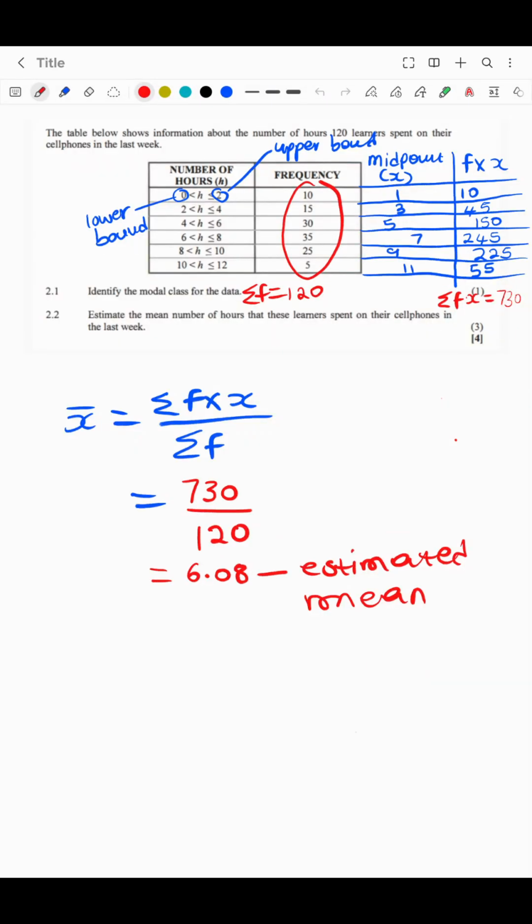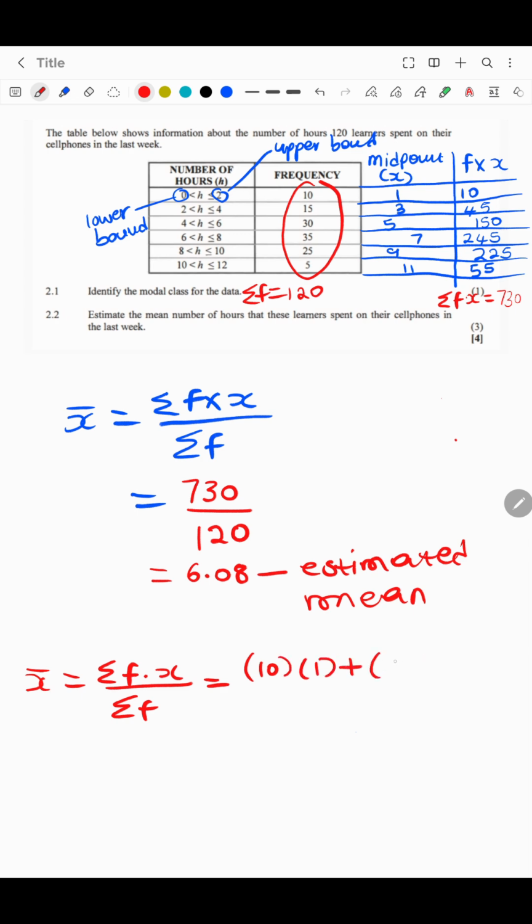Or someone can decide to do everything here. Then the formula will be the same: the sum of frequency multiplied by the midpoint divided by the sum of frequency. Then you will just do everything here. The first frequency will be 10 multiplied by the midpoint, which is 1.